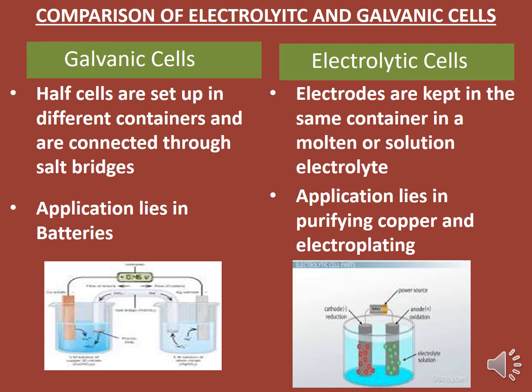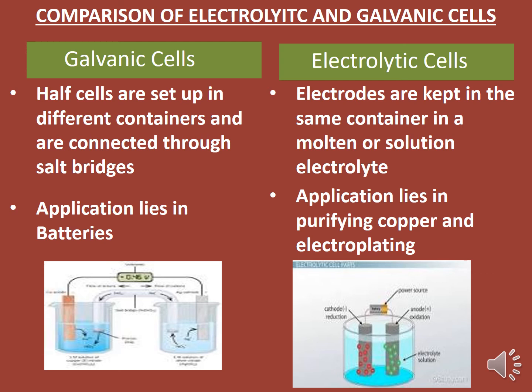In galvanic cells, we have two compartments. One is the anode compartment where oxidation occurs, and the other is the cathode compartment where reduction occurs. These two compartments are connected with the help of a salt bridge.